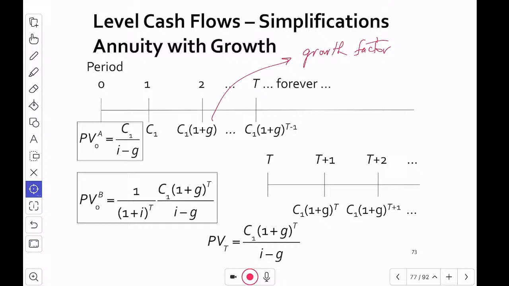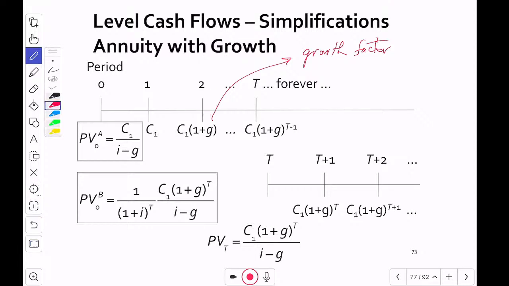The growth continues up till T, but notice the exponent is 1 less. Why is it 1 less? Well, it's always 1 less because the first payment is in 1 year, and then the growth starts.